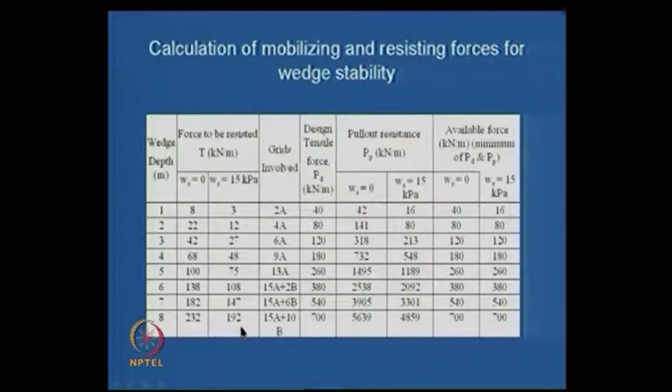Say for example, here 192 you can get from this combination only, 15 into 20 plus 10 into B, 10 B is 40. So that comes to totally 700, and that 700 will be higher than this.